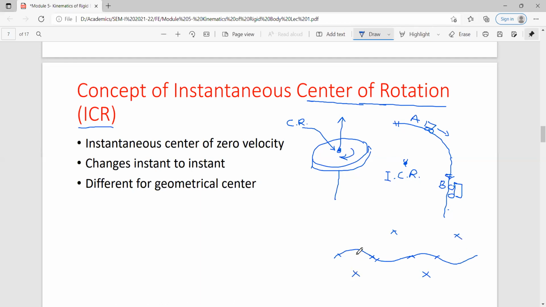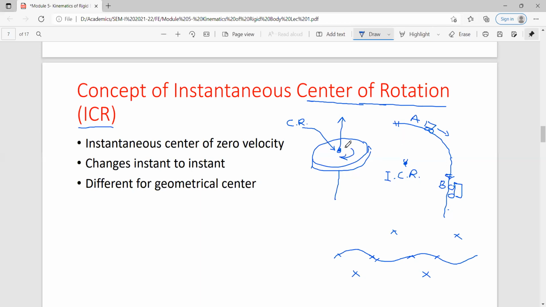So the center of rotation keeps changing like this. That's why we call this particular point the ICR, instantaneous center of rotation, at that particular moment only. Are you getting the concept of ICR?